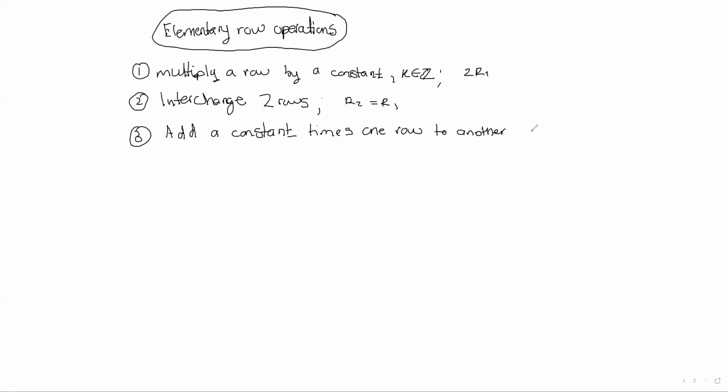It says add a constant. So we have a constant, let's say constant 2 times maybe row 1. We add, that's what the statement is saying. So we're adding a constant times a row to another row. Let's say row 3. Those are the only operations that are allowed when trying to solve the equations using the augmented matrix.